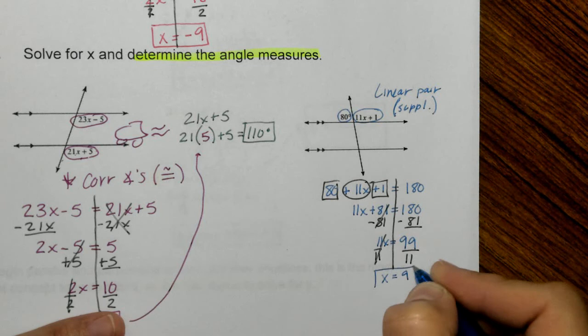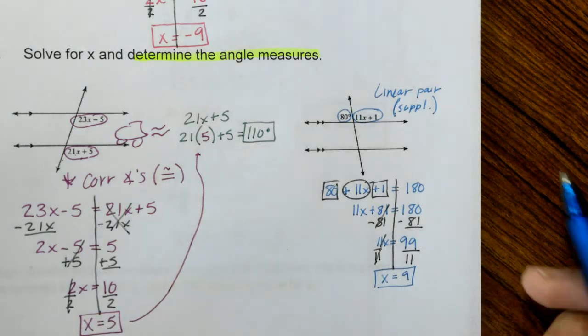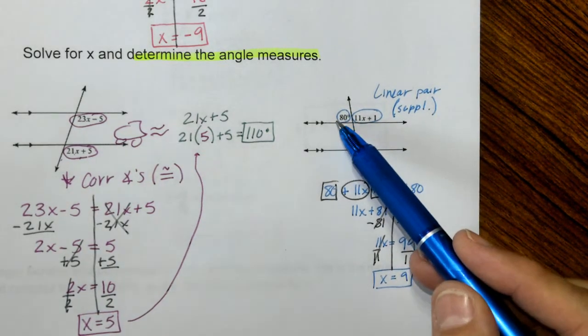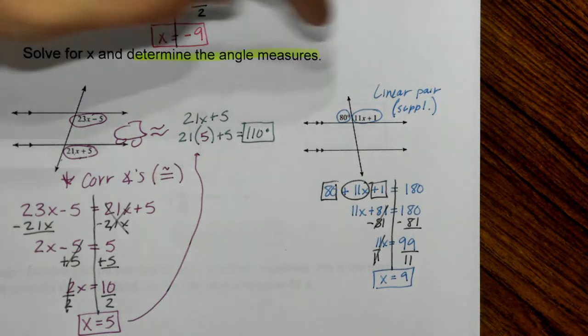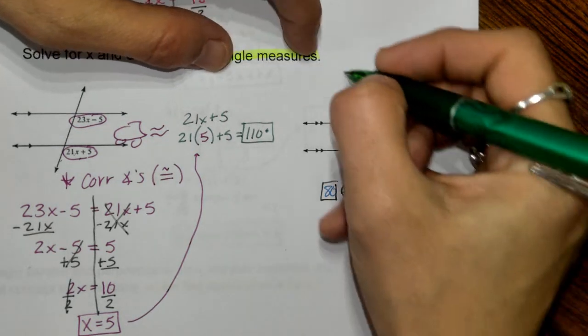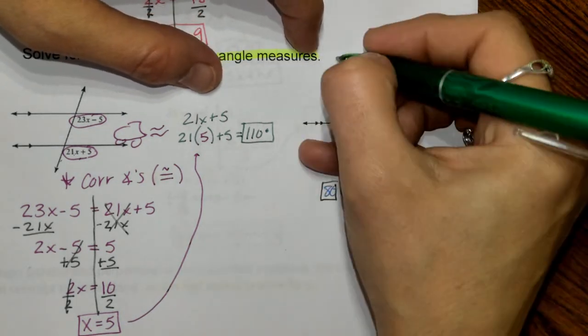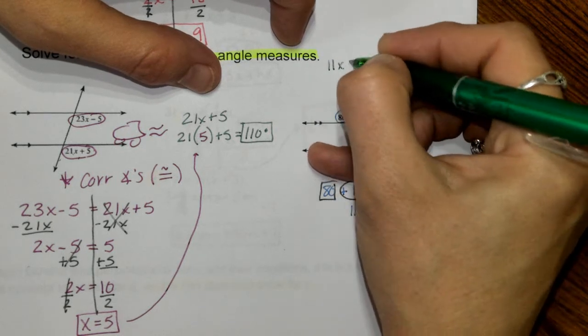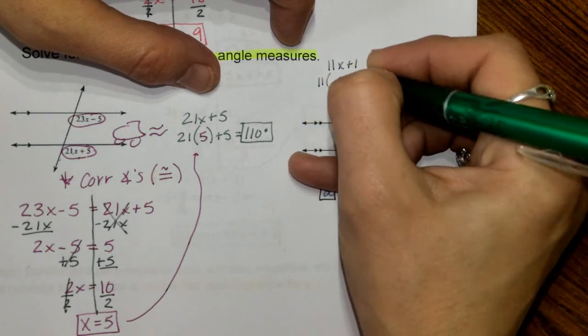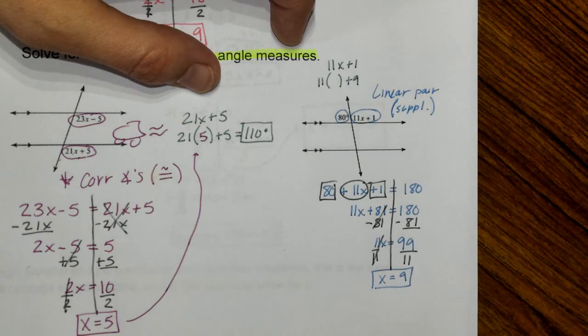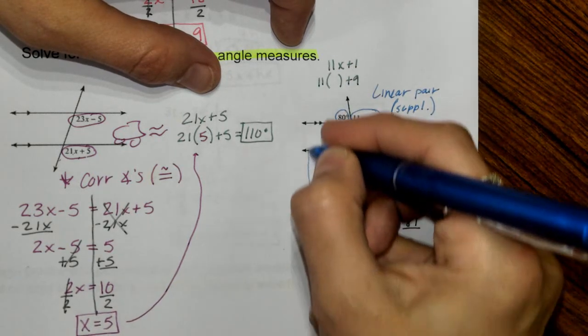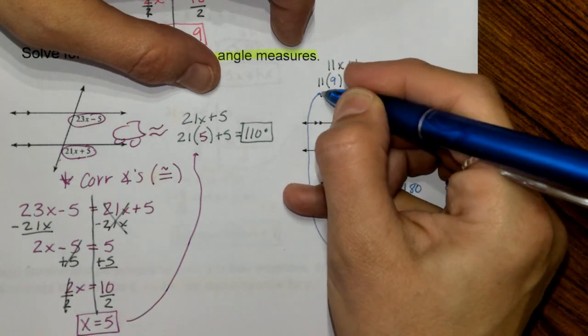Now again, it wanted the angle measurements as well. Well, we already know what one of them is. It's 80, right? So no big deal there. Let's go ahead and take this 11x plus 1. Let's remove x. Let's put in what x is, 9.